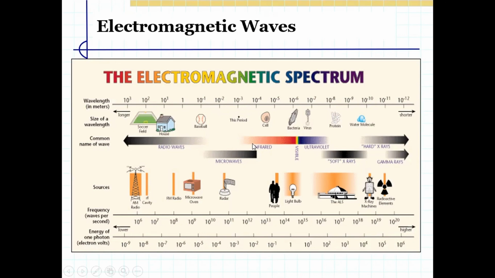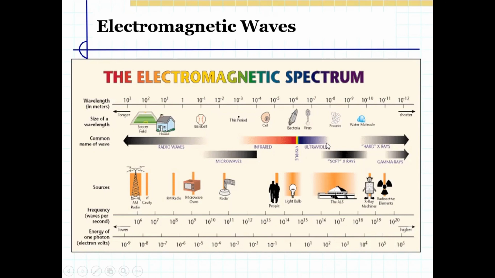And then comes the infrared region, from 10 to the power minus 4 to 10 to the power minus 6. And then there is a very, very small region between 10 to the power minus 6 and 10 to the power minus 7. This region is the visible light region.